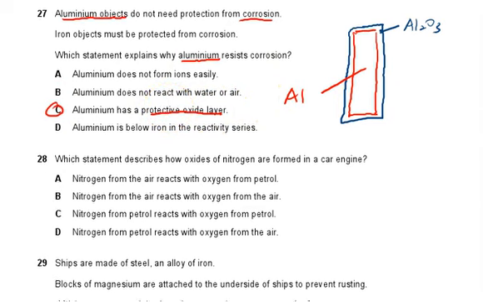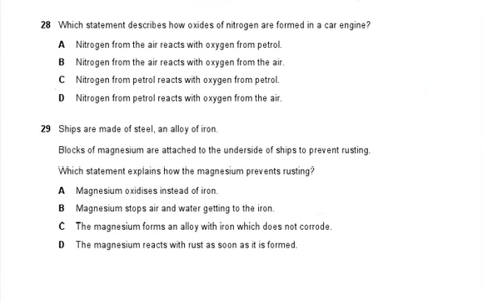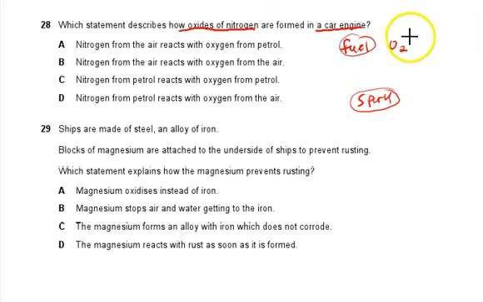Number 28. Which statement describes how oxides of nitrogen are formed in a car engine? As you notice, for engine combustion you need fuel, oxygen, and a spark. But this oxygen does not come as pure oxygen. It comes as air. In air, you have about 78% nitrogen.